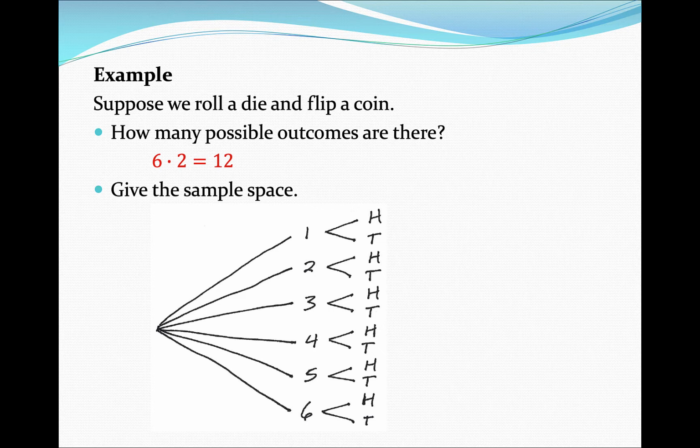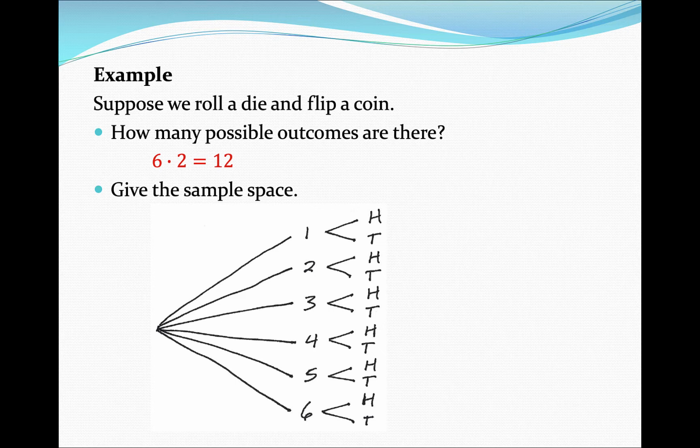And if we get a 2, we could get heads or tails. So off of each of those outcomes for the die, of course, you have 2 possible outcomes for the coin. If you count that last column of H's and T's, you'll notice there are 12 of them. That essentially is the 12 possible outcomes for this experiment.